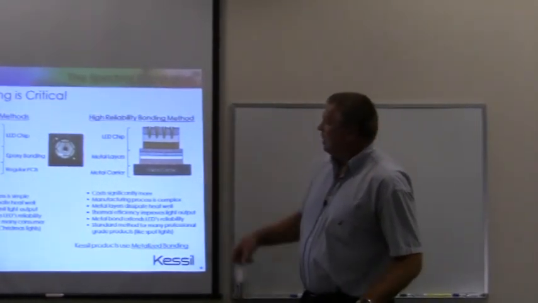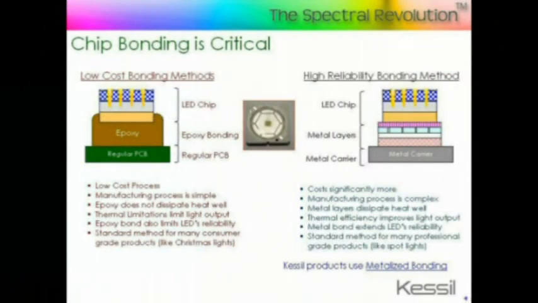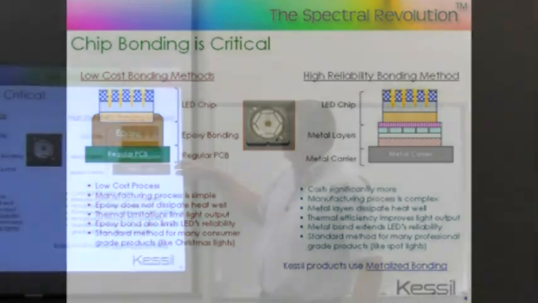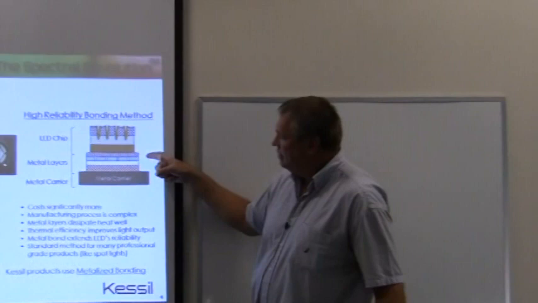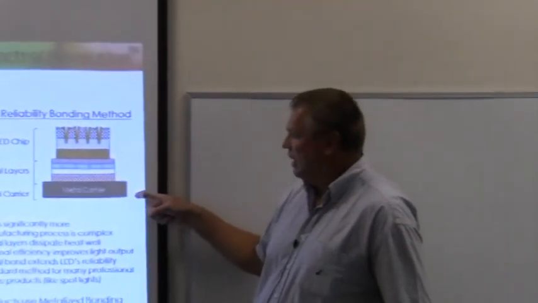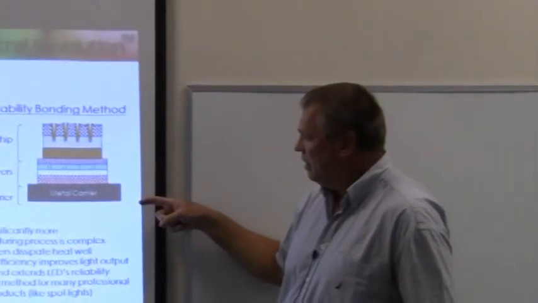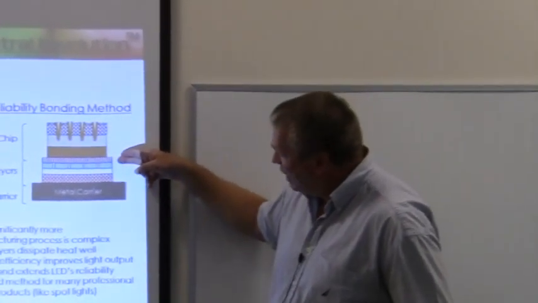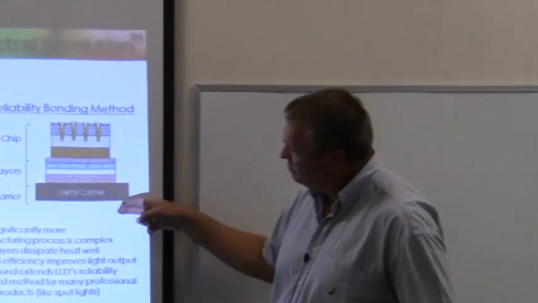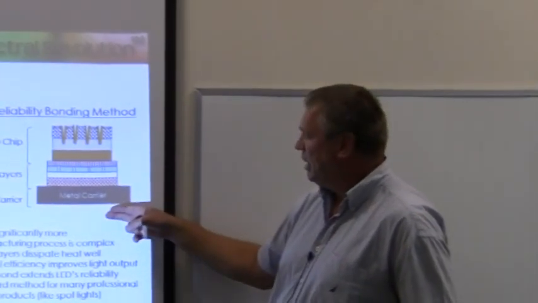This shows a high reliability bonding method as used at DiCon LED. In this case, an LED chip is bonded through a metallic bonding process, through a series of metallic layers, to a metal carrier. And so by using metal both for the bonding process as well as the underlying carrier, there's tremendous thermal transfer of heat from the bottom of the LED chip down through these layers to potentially a heat sink at the bottom of the metal carrier.